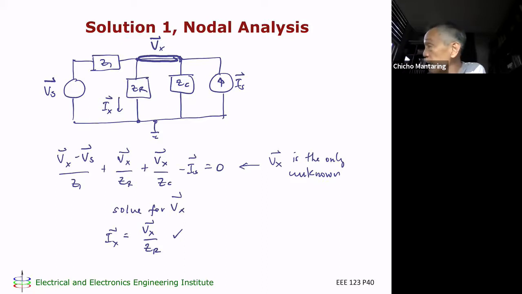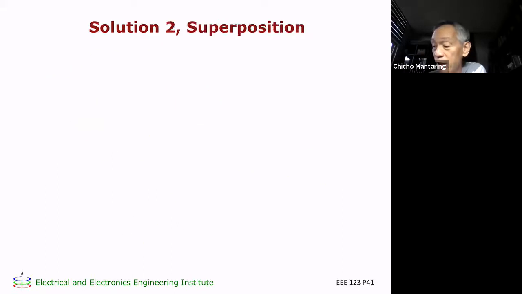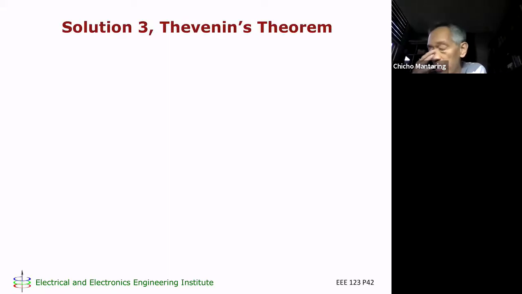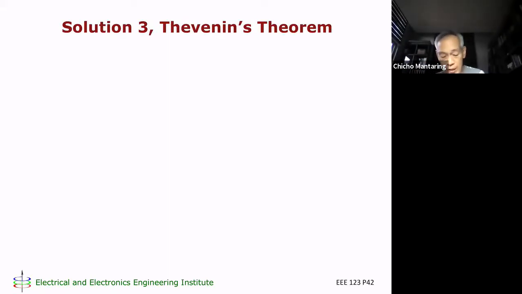And then how do you get your Thevenin impedance? You short your voltage sources, you open your current sources, and you get the impedance looking into the terminals of ZR. So that will end up being Z1 just in parallel with ZC. So that's Thevenin's theorem. So gawin na lang ninyo, no? I'll leave that as an exercise for you to do.